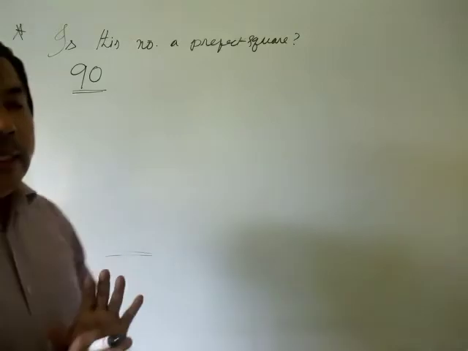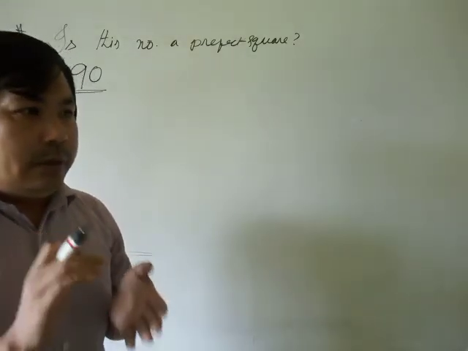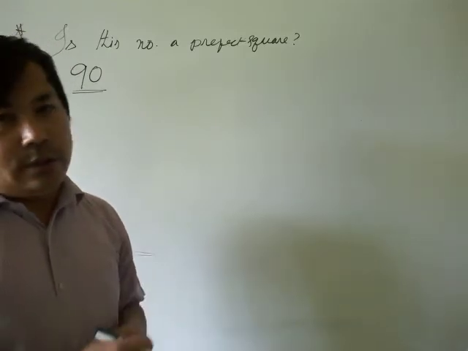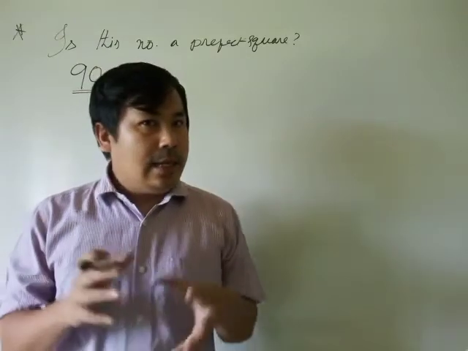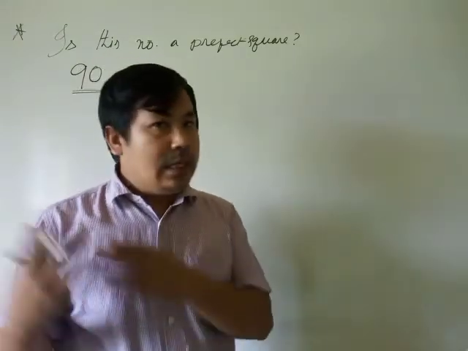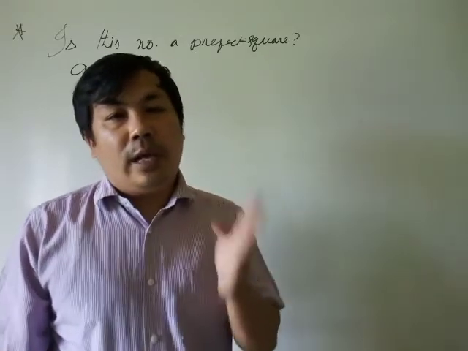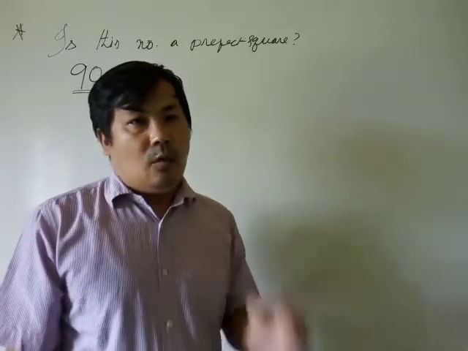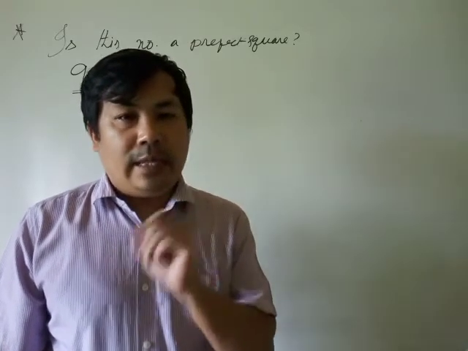Why? Because the number ends with 0, which is an odd number of 0s. If it is 900, then it is a perfect square. But it is 90, where there is only one 0, so it cannot be a perfect square. But how can you make it a perfect square? What number should you multiply with 90 so that you get a perfect square?